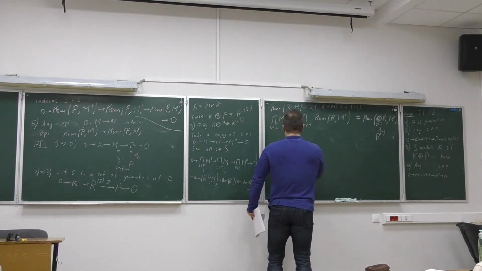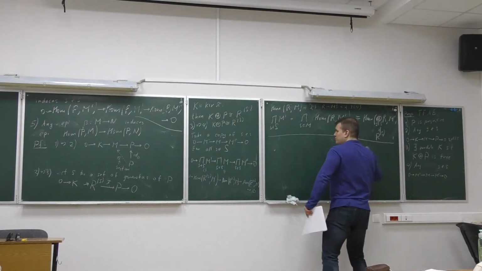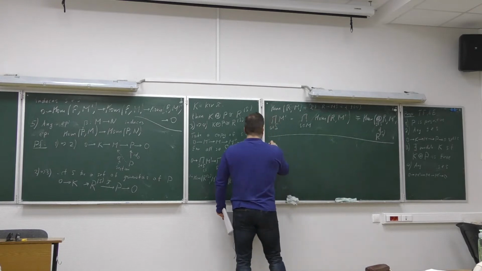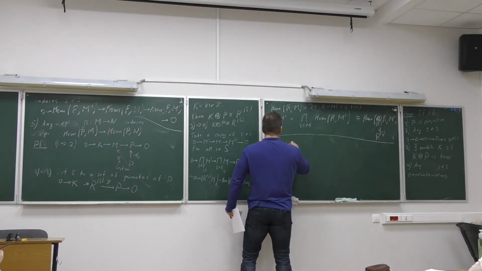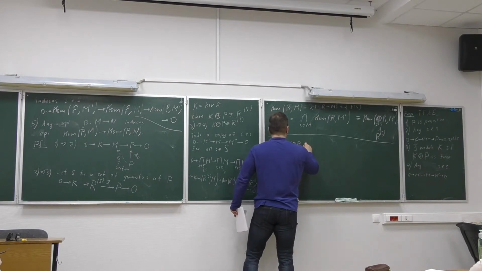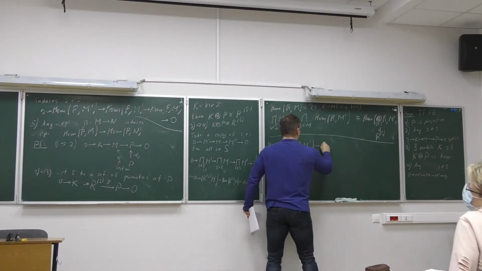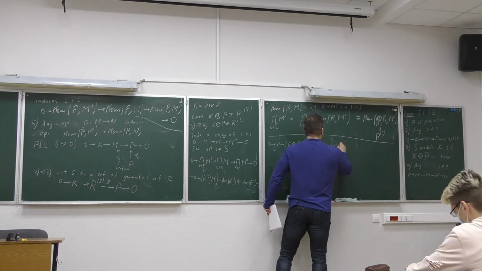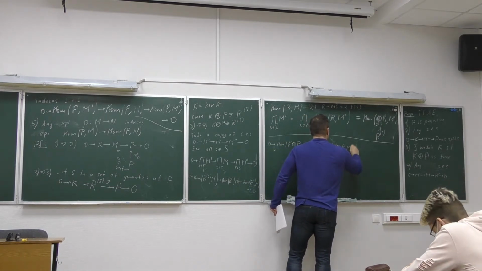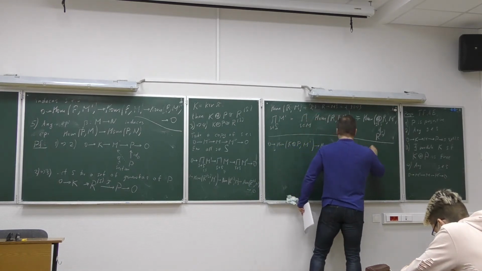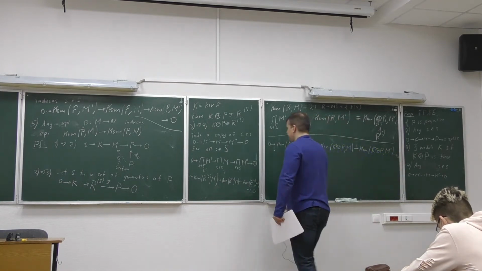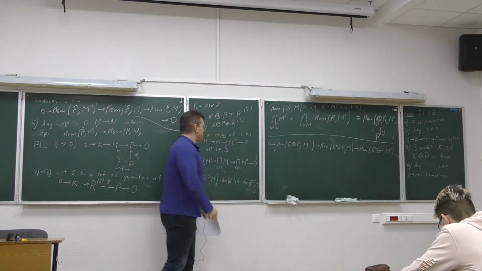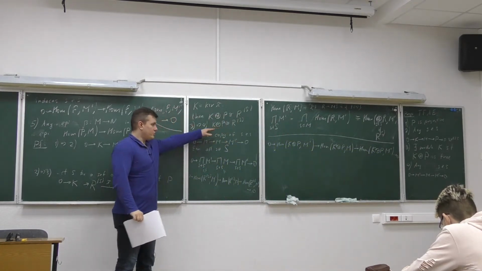Maybe I just pretend that I continue the computation, and I'll get the following: 0, Hom(K plus P, M prime), Hom(K plus P, M), Hom(K plus P, M double prime), 0. This is the same sequence of Homs, since we know that these are isomorphic modules.